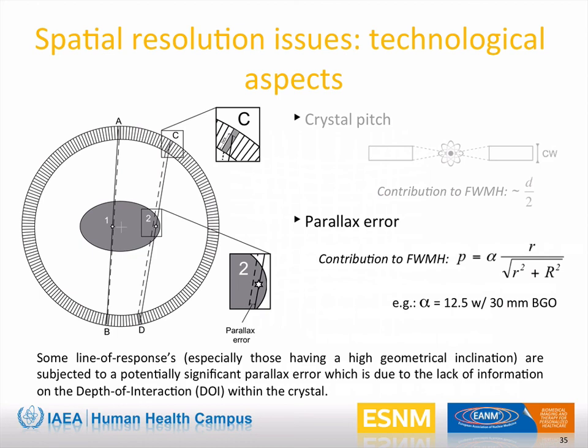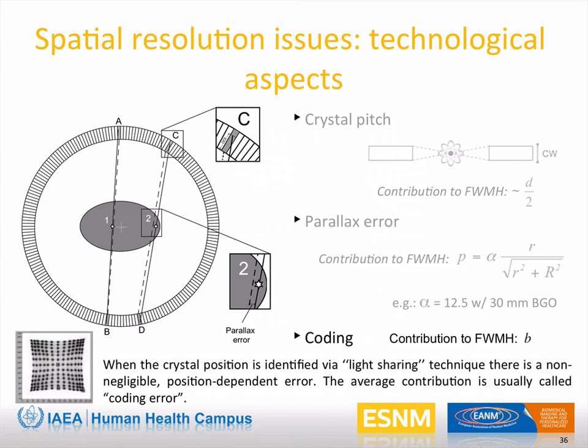For example, alpha is equal to 12.5 for a 30 mm thick BGO crystal. The crystal pitch d and the parallax error P are both related to the geometry of the scintillator. Assuming that both crystal elements have been correctly identified, these are the only two contributions to the spatial resolution.